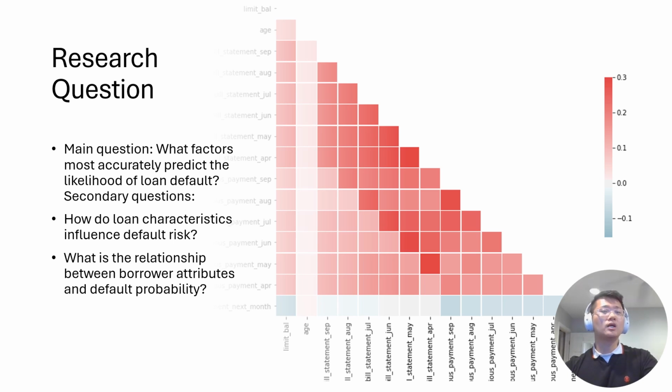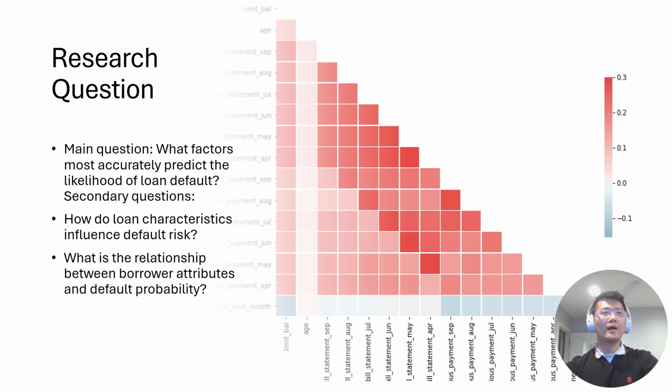You can use mean square error, you can use R squared, whatever you want, that provides a good comparison between the test data and the model data. And the second question would be: how do loan characteristics influence default risk?